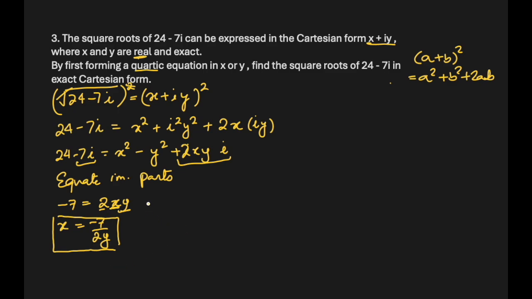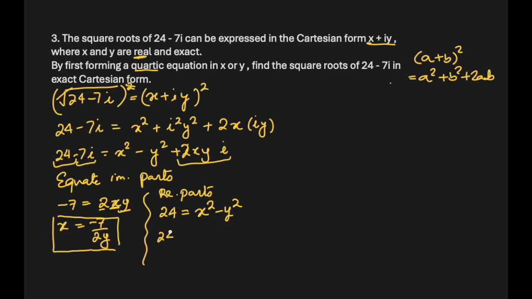Okay, now what would I do? I will equate the real parts now. The real part in this one is 24. Here we have x square minus y square as the real part. And from here we'll substitute x.